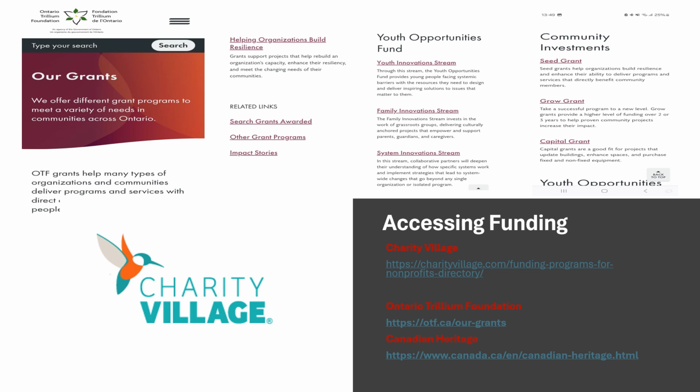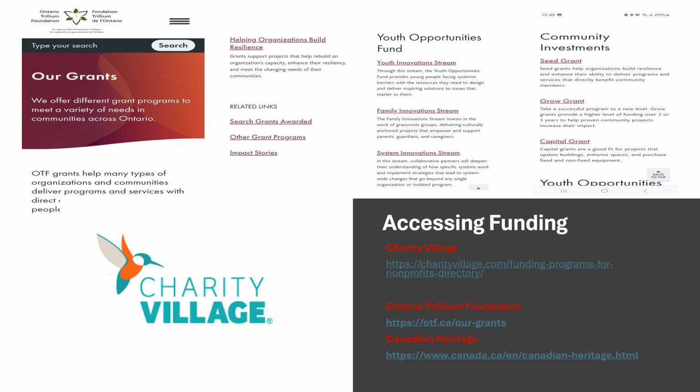So after you incorporate, you're probably wondering, how am I going to fund my initiatives? Where do I get the funding from? Well, let me tell you, there's the Ontario Trillium Foundation grants. They help many types of organizations and communities to have the funding to deliver programs and services.